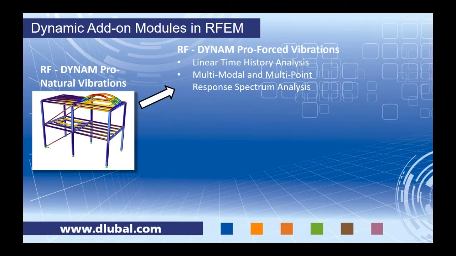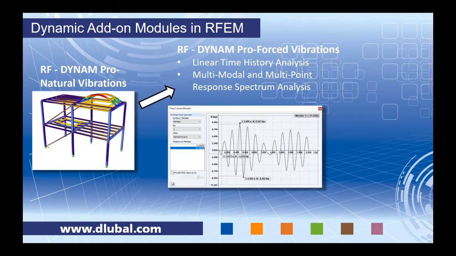Now this allows us to run a linear time history analysis, which is what we'll be taking a look at today. We can also run a multimodal multi-point response spectrum analysis. We won't be touching on this point today, however. So below you can see a chart, which is a time course monitor of a tension-only member. Now this is showing the axial forces within this tension-only member.